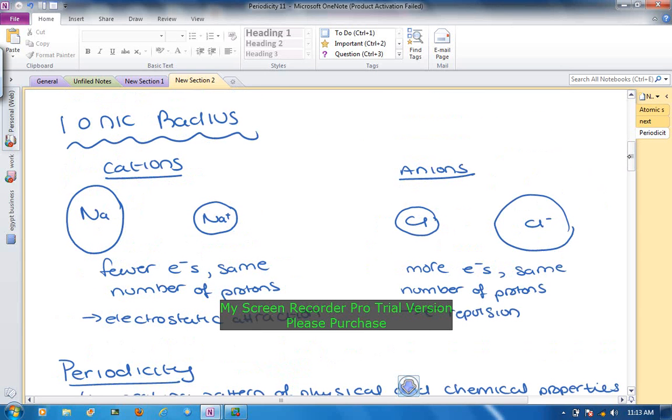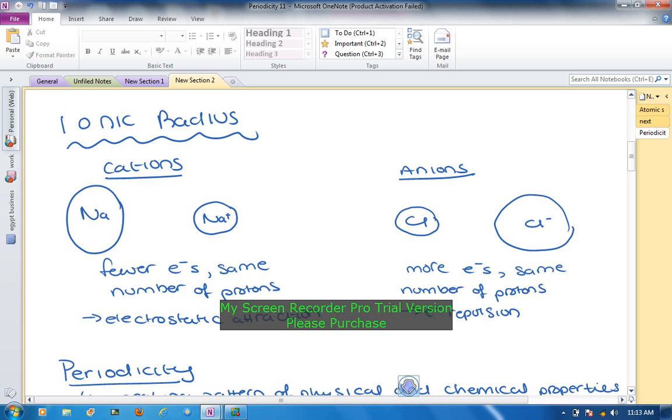Okay, moving on, you need to know about the ionic radius and how it changes. Cations are positive ions and anions are negative ions. Both the atomic radii of cations and anions increase as you go down a group, as there would be more occupied valence shells.